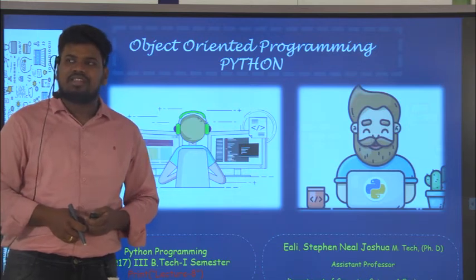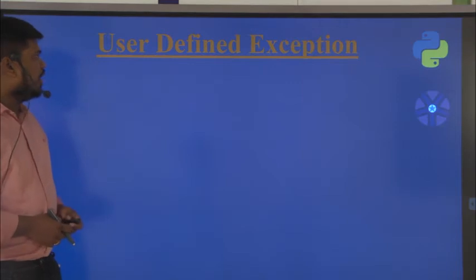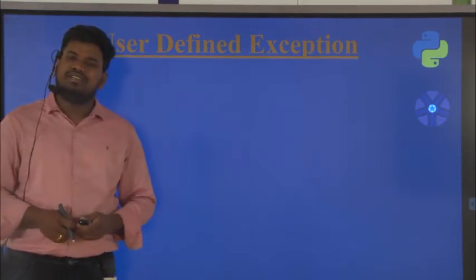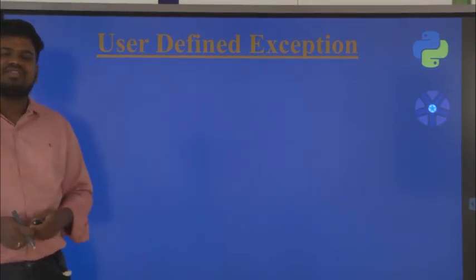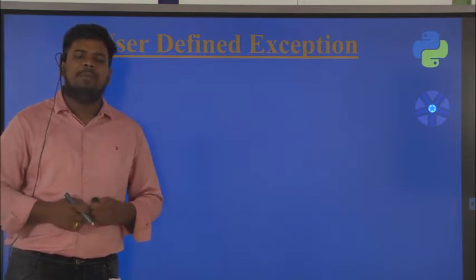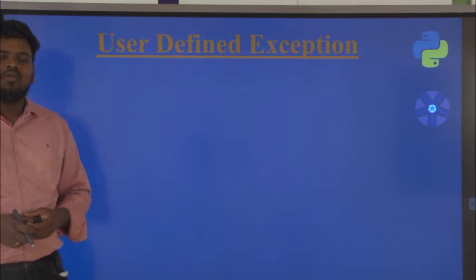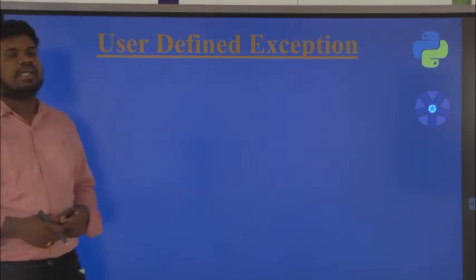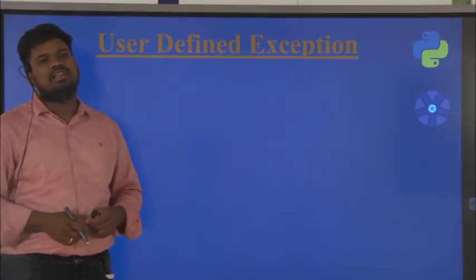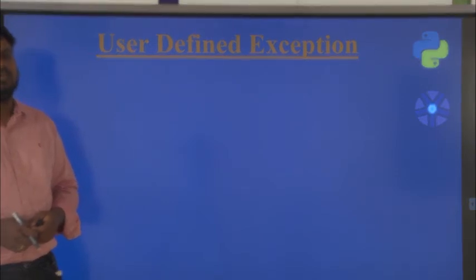So coming to today's class, today we will discuss how to write a user defined exception. In my last class we dealt with how to work with built-in exceptions, but in today's class we will discuss what a user defined exception is and how to deal with it.